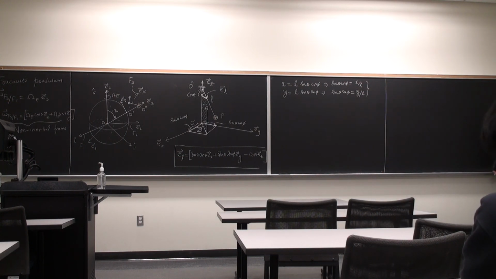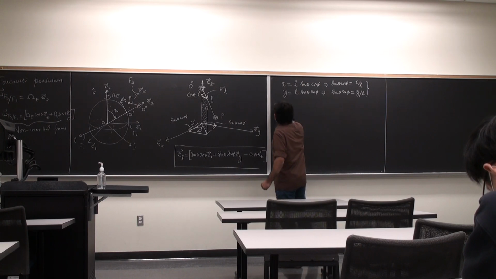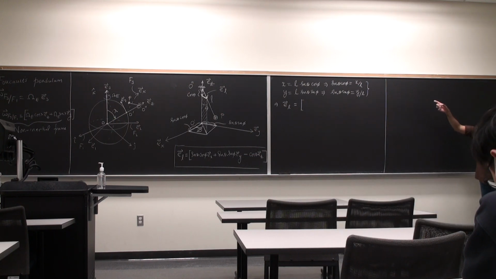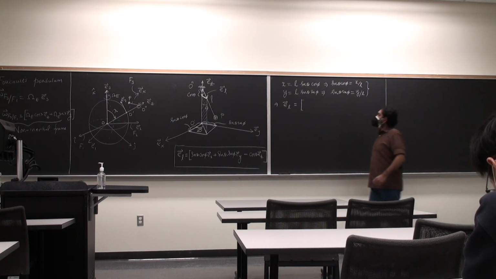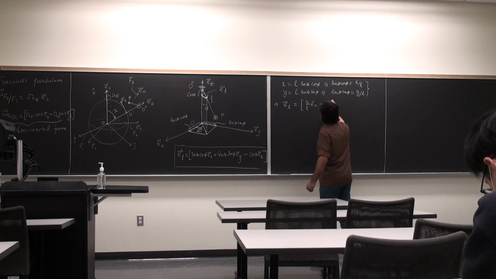Okay? And so I can write my unit vector EL as the following. As you can see, for sine theta cosine phi, I'm going to substitute X by L Ex, Y by L Ey.